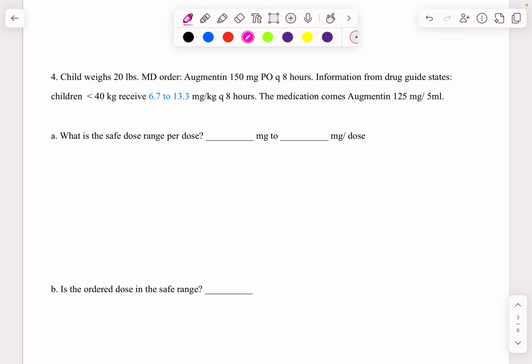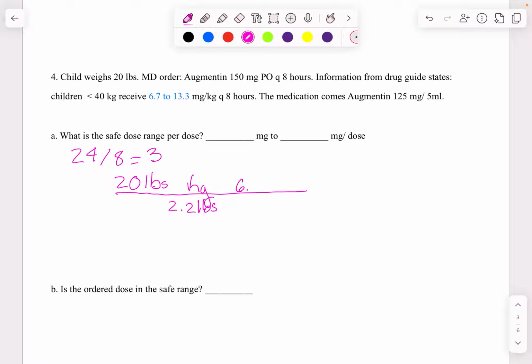So we know that we're going to give it every 8 hours. So we'll start 24 divided by 8 equals 3. So we know we're giving 3 doses. And then we will go here, 20 pounds, 2.2 pounds, and 1 kilogram.